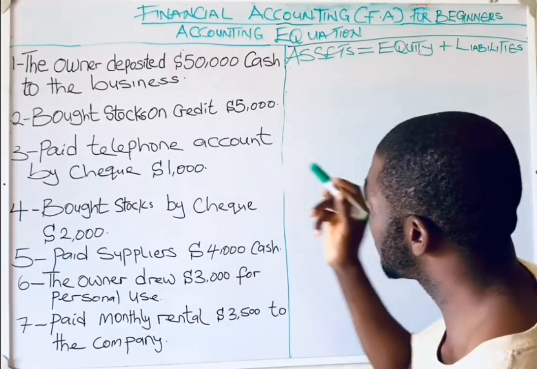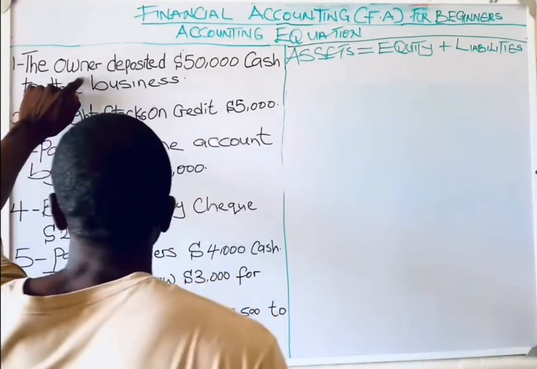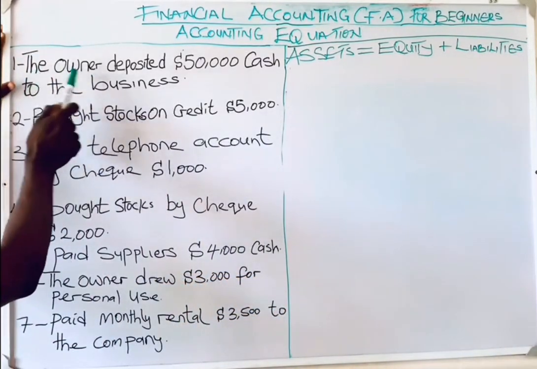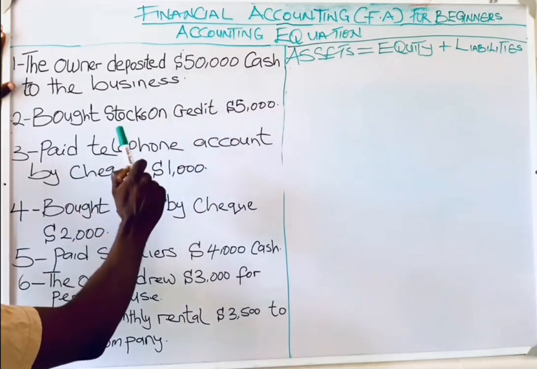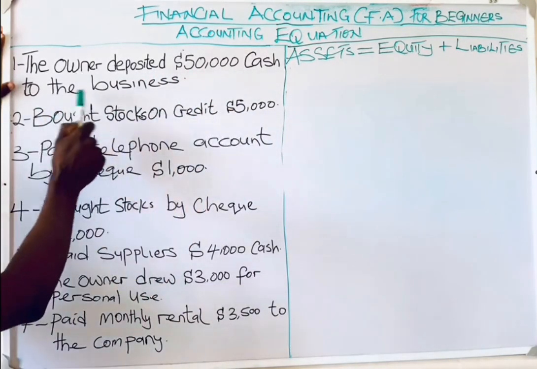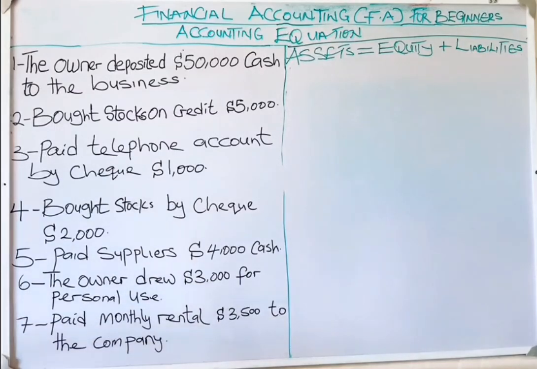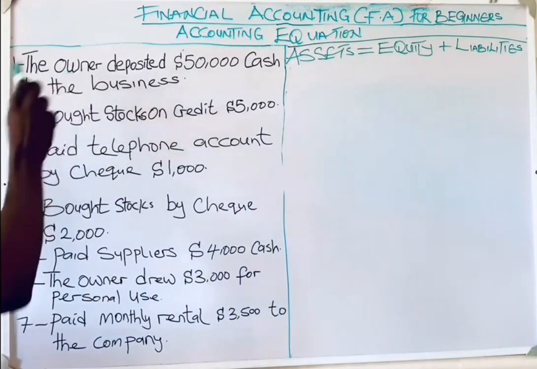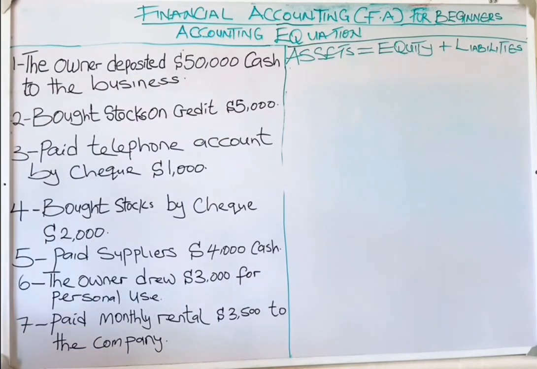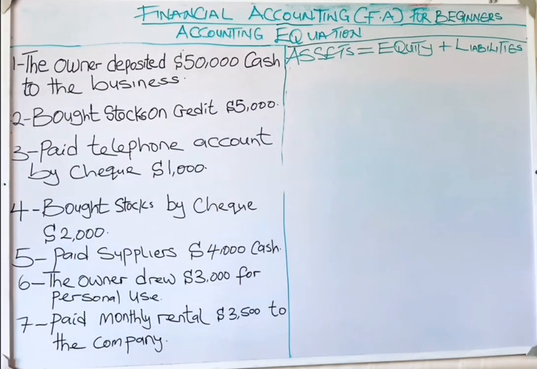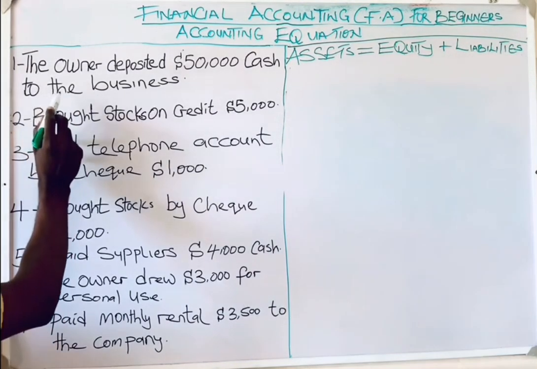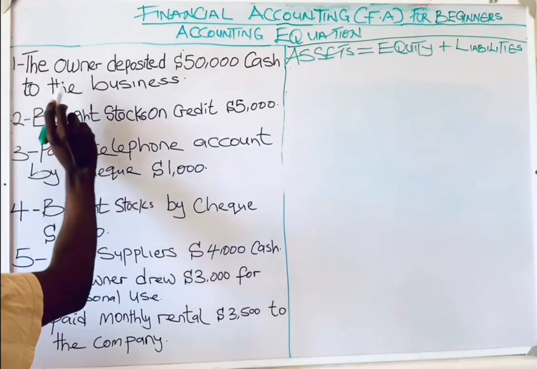Our first transaction says the owner deposited $50,000 cash to the business. Now, let us identify the two accounts in this transaction. The first account: the owner deposited.